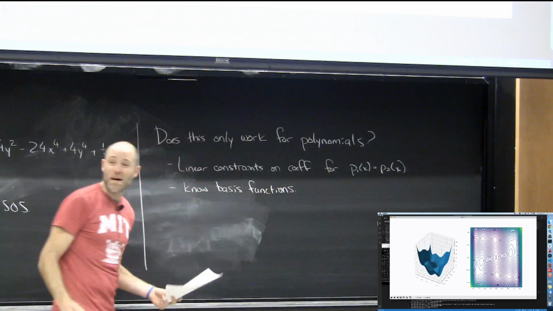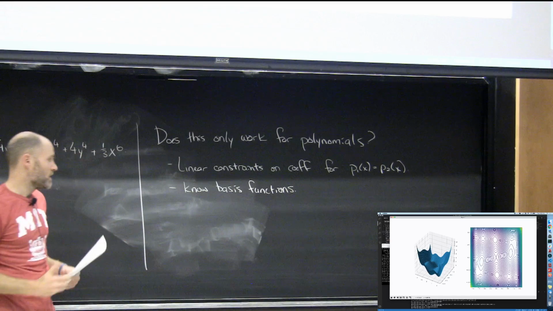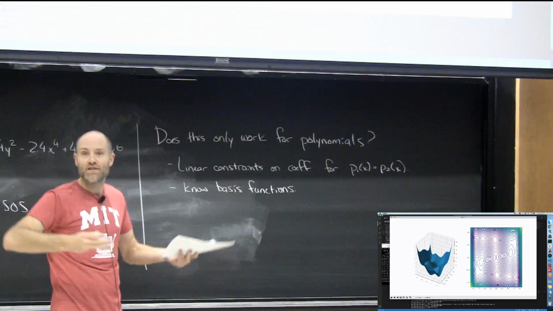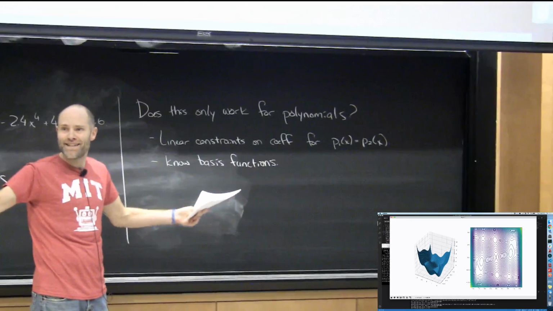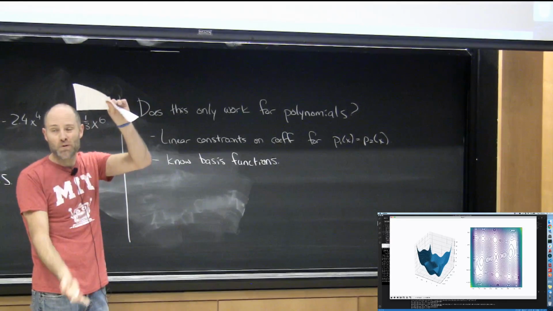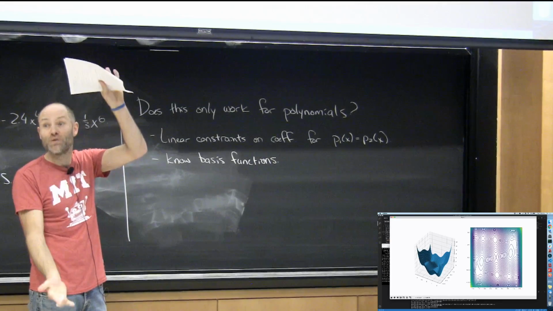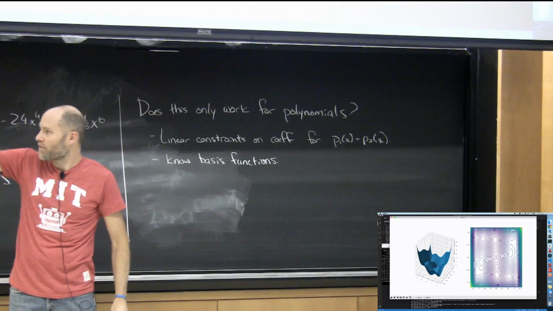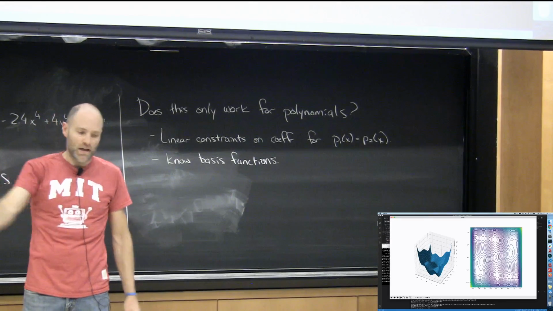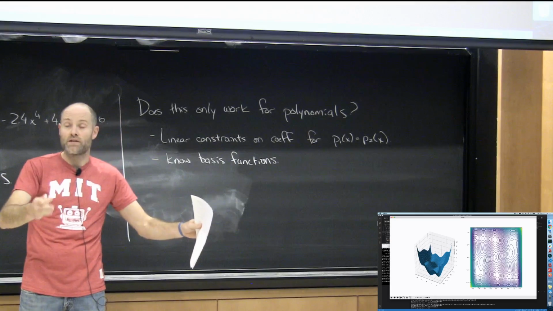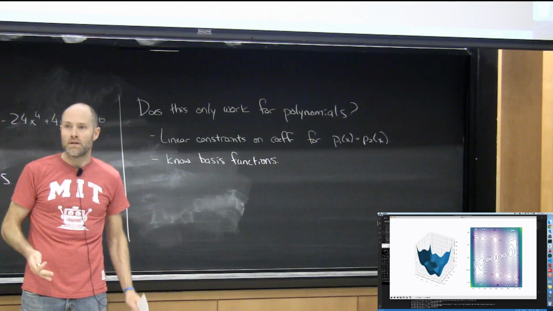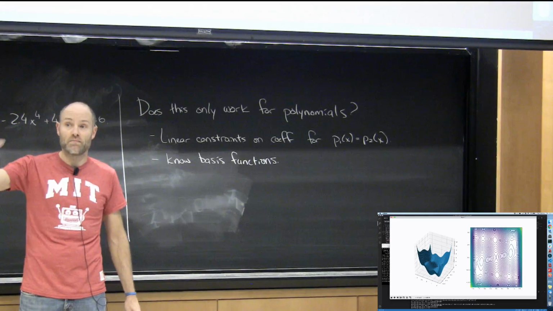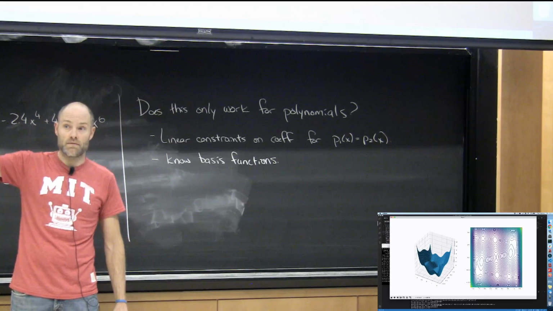We actually know a lot about that, and there's a lot under the hood. The simple way to think about it is if I have a polynomial in x that has some degree d, then I can just list all of the monomials up to degree d divided by 2. Right, so if I have y to the 4th power, then I need something in there that gets y squared because it's going to get squared. But I don't need y to the 56th power or anything like that.